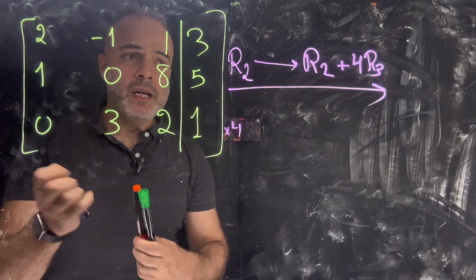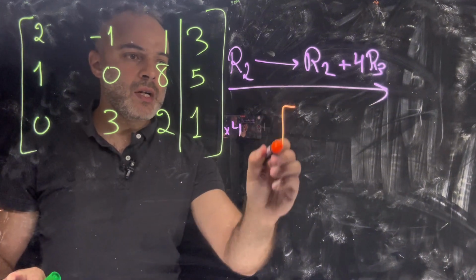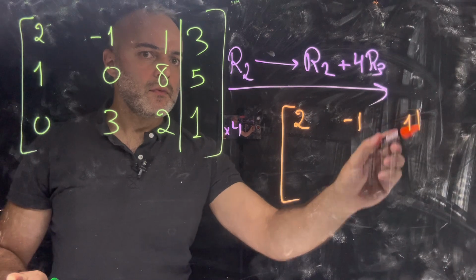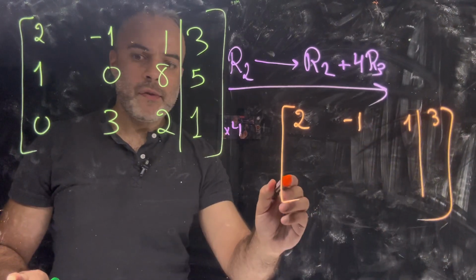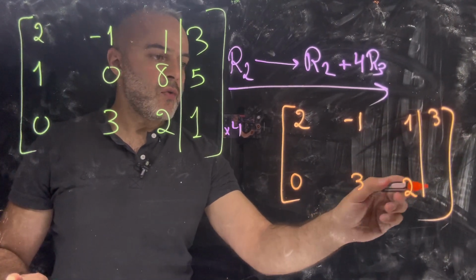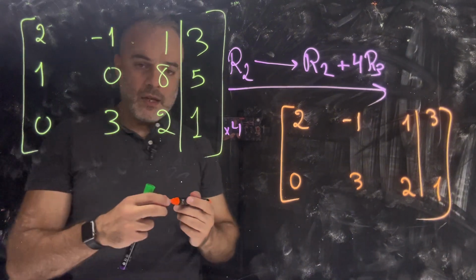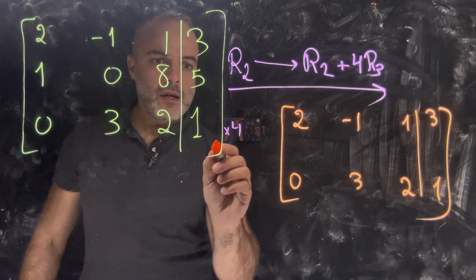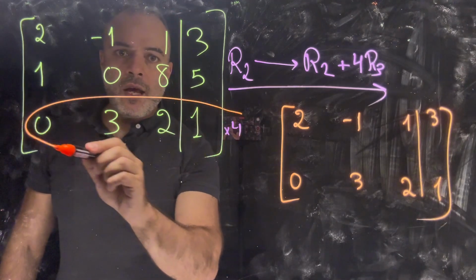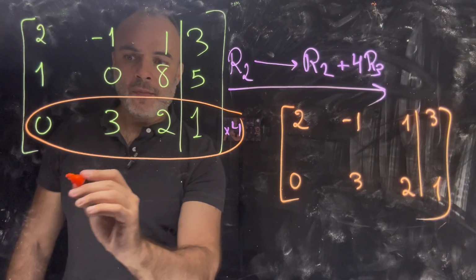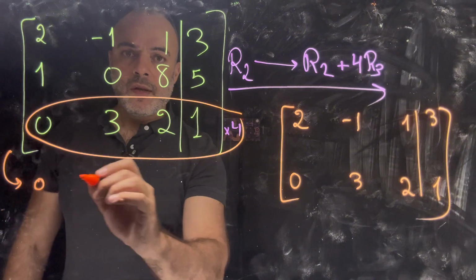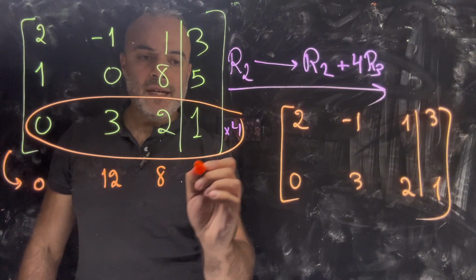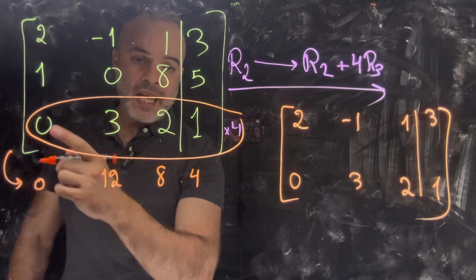And the new matrix becomes what? The first row remains unchanged, as well as the third row, 0, 3, 2, and 1. Now, what happens here? R2 plus 4R3. Now this row, I have to multiply by 4 each term. So this becomes 0. This becomes 4 times 3, 12. 4 times 2, 8. 4 times 1, 4. Of course, I have to multiply everything.